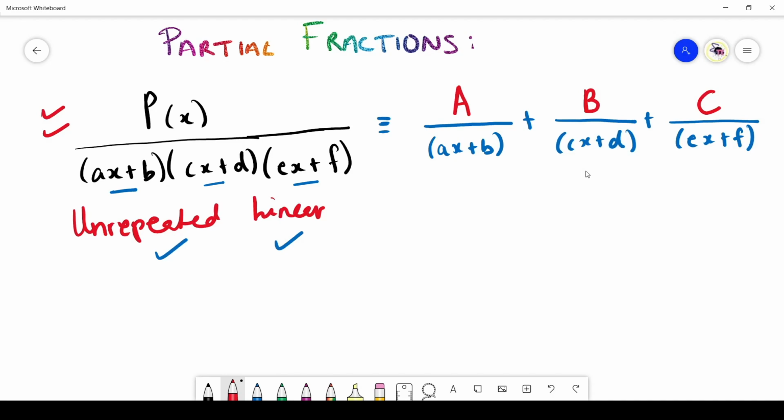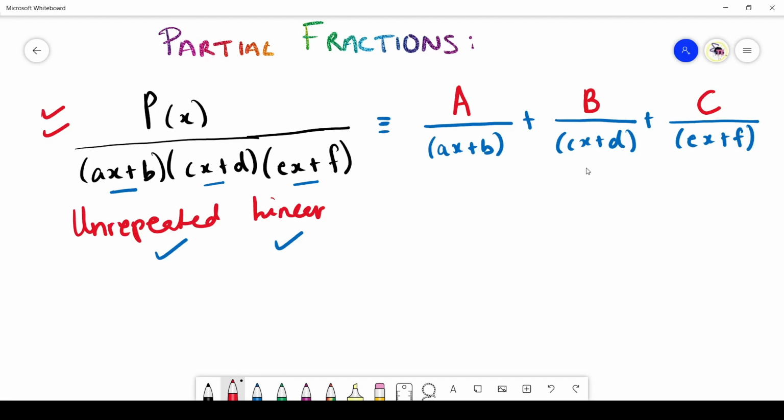Now, I'm using the letters A, B, and C because in most textbooks and on the internet, you'll see A, B, and C being the most common variables used in this type of split. However, if it makes you understand the topic better by using different letters, that's fine. You can use X, Y, and Z if that's what it takes for you to understand and not make mistakes.